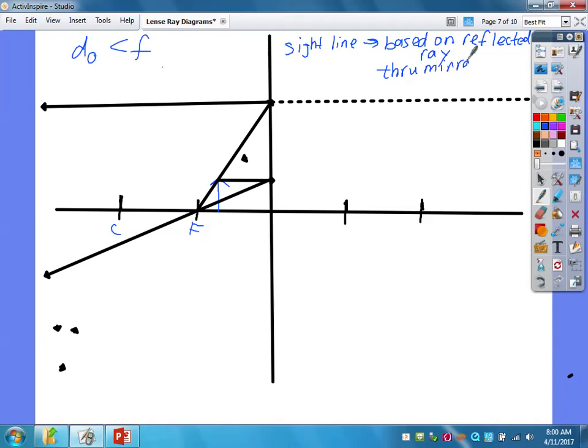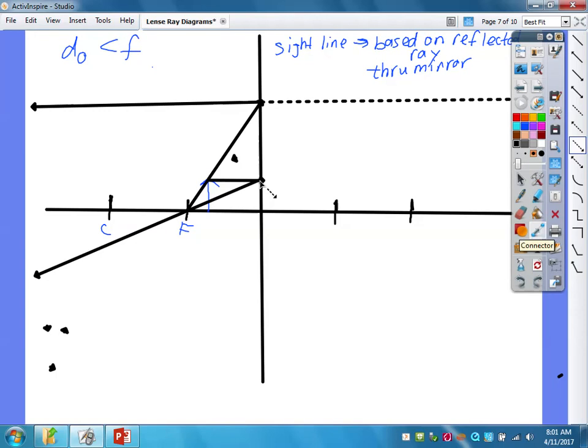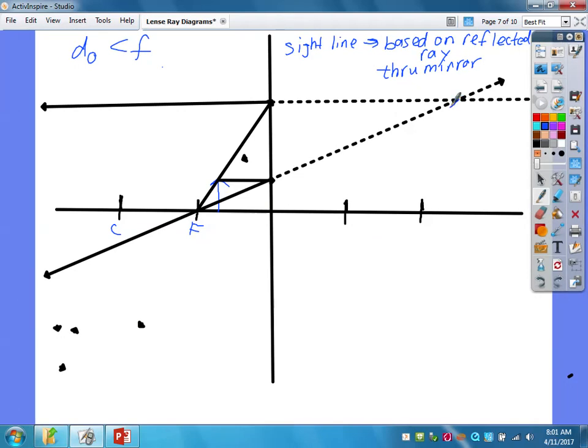Through the mirror on the other side. So we create this straight line from the top reflected ray. What about this one? I basically do a line from the reflected ray on up to the other side. All right? Basically a straight line. And where those two sight lines interact is your image. All right?